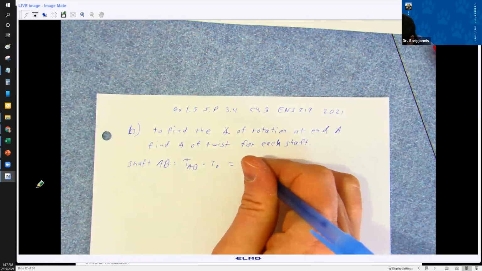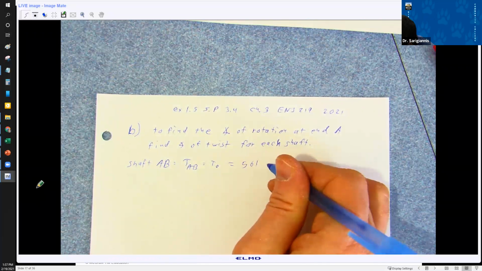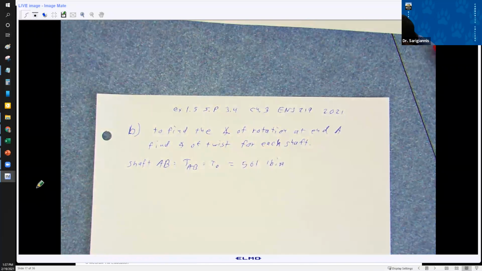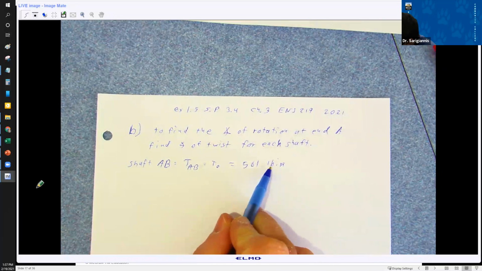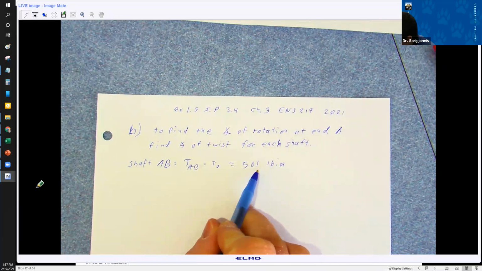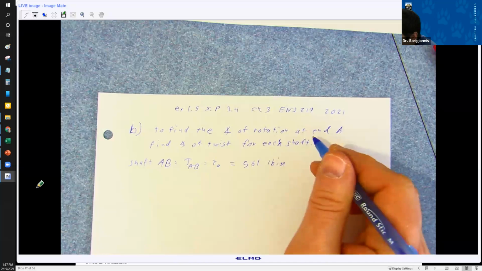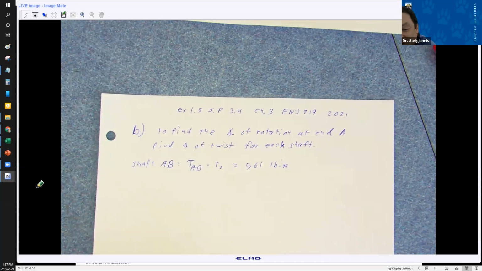And so we're going to use the 561 pound-inch. Oh, I know why I put the period before. It's because the LB looks like a 1 to 6. So I'm trying to separate the symbol pound-inch.